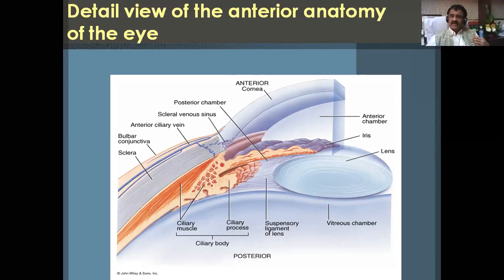Okay, and the posterior chamber which contains aqueous humor, and you can see at the back the vitreous body which is present behind the lens, and the different coats like conjunctiva, sclera, okay, cornea here.